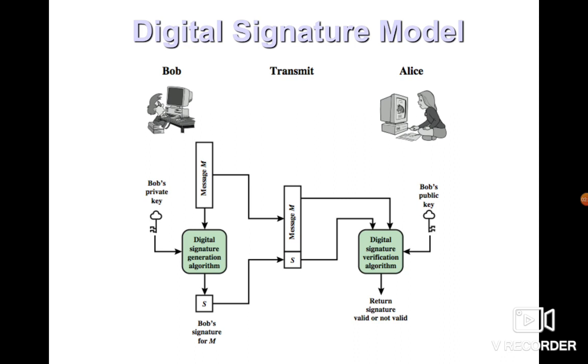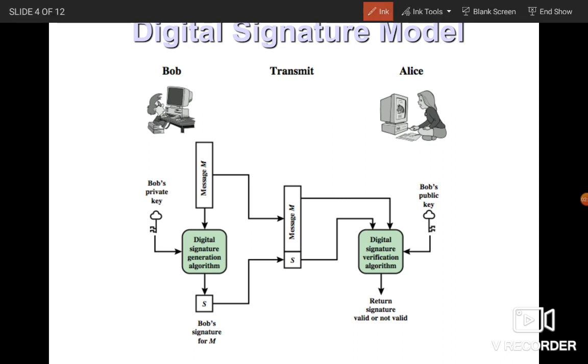So this is the digital signature model. Bob wants to send a message to Alice. So he has a message and he creates the signature by using any one of the digital signature generation algorithms. For that he can use his own private key.